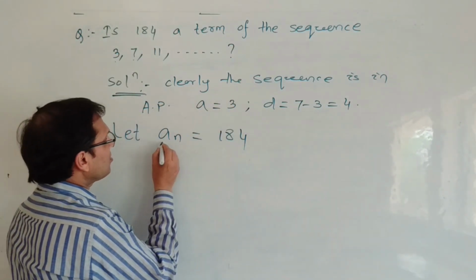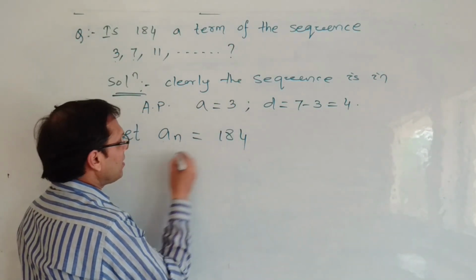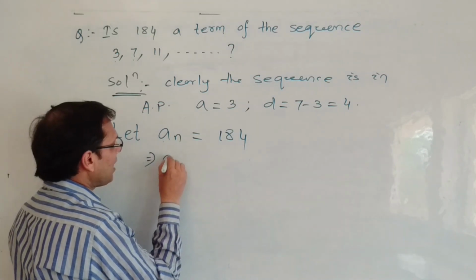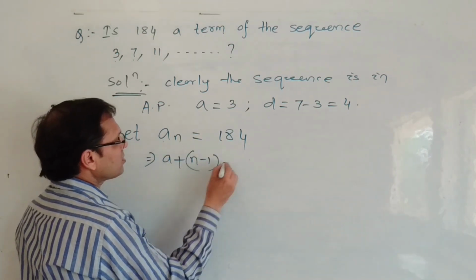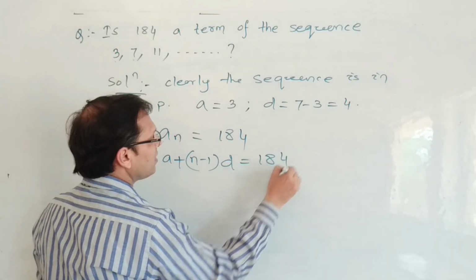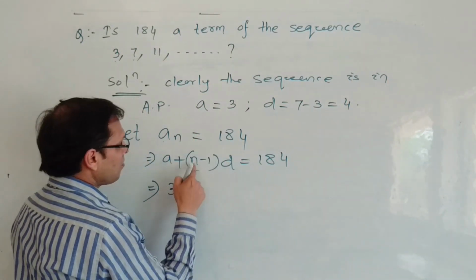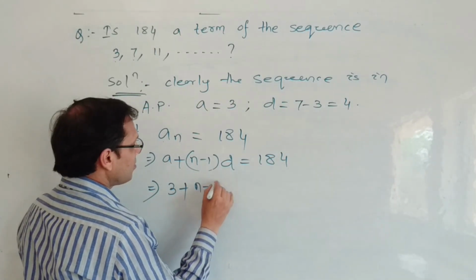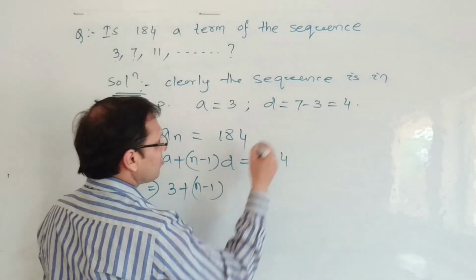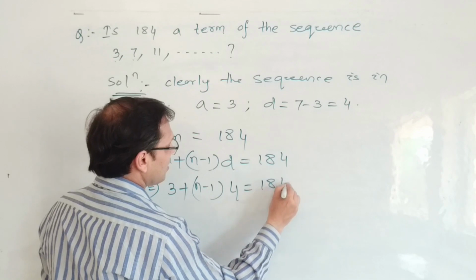So first you take An is equal to 184. An is equal to how much? A plus n minus 1 into D is equal to 184. That is A is equal to 3 plus n minus 1 into D, which is 4, equal to 184.